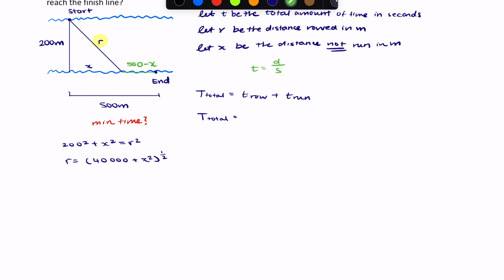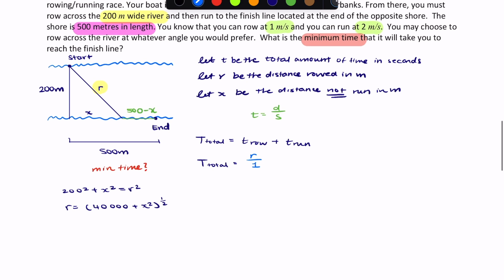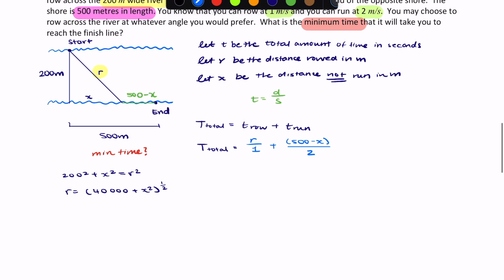Again, remember time is equal to distance over speed. And so the time that was rode, again, we can write as R over 1. We know that here it's 1 meter per second. And the time that was run, again, will be 500 minus x over 2.